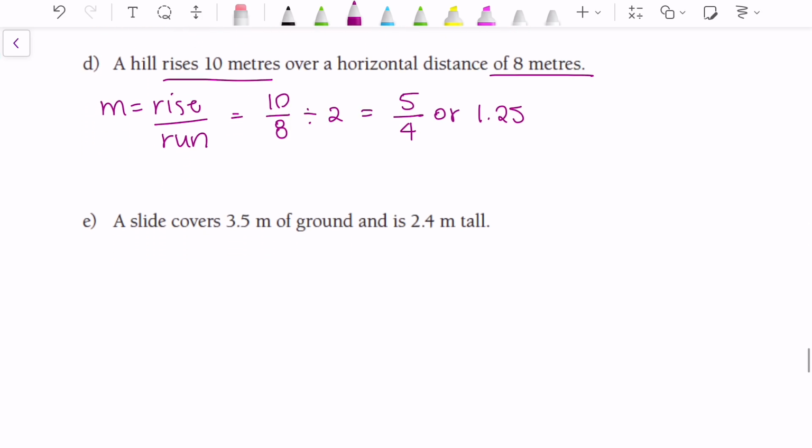Last one. A slide covers 3.5 meters of ground and is 2.4 meters tall. So we're talking about tall, the word tall. That usually means rising because it's going up. And then ground, remember, is horizontal. That would be your run. So they're trying to trick you here.